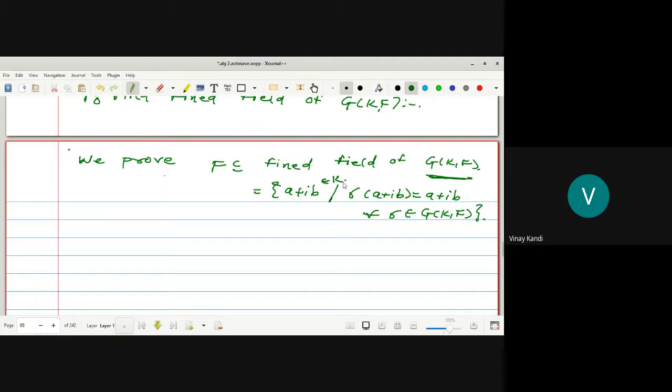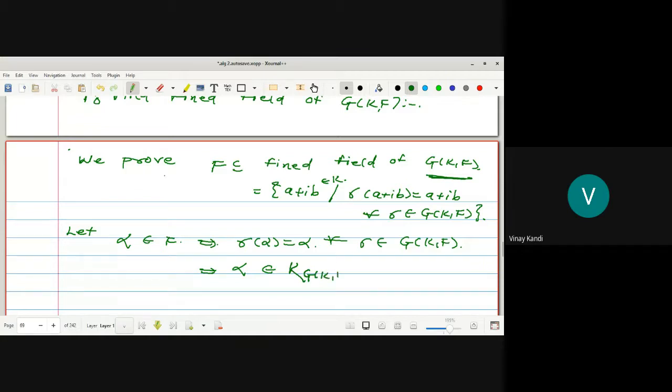So let alpha belong to F. This implies sigma of alpha is equal to alpha for all sigma belonging to GKF. So alpha is an element of the fixed field of GKF.